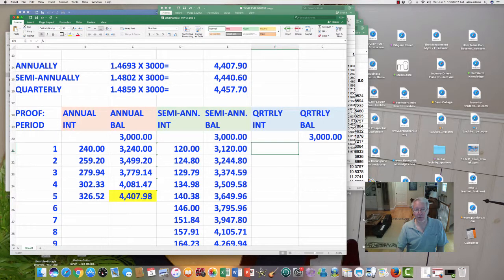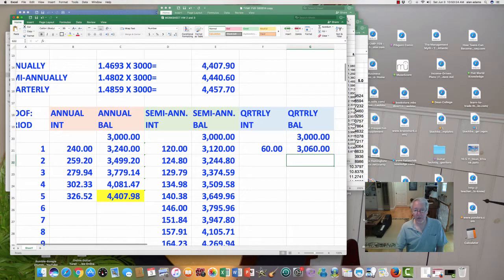Let's prove it out. So I'm going to take my $3,000, and after 1 quarter, it will have grown by 0.02. I will add $60 to it, so it will have grown to $3,060. Now, when I grow this, I'm going to have to grow that number for 20 periods. Bear with me, I'm having some cursor issues here.